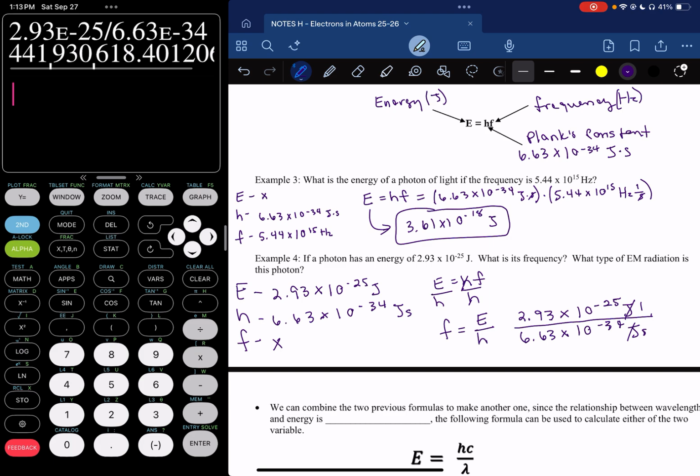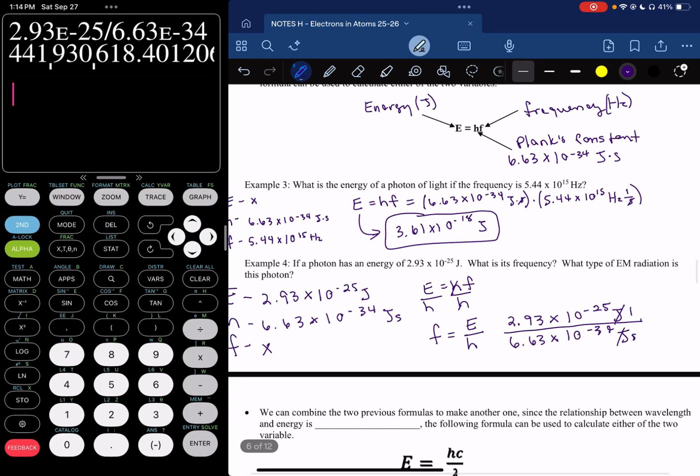Okay, so this is the nice thing about your calculator, that it's going to give you this answer in scientific notation, and I'm not quite sure why it didn't here. It would have been nice. In scientific notation, this answer is going to be like 4.42 times 10 to the 8.